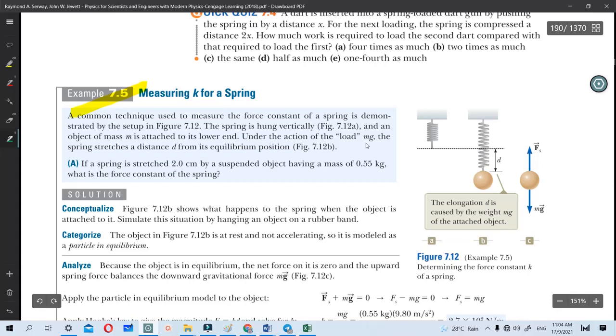Under the action of the load mg, the spring now stretches a distance d from its equilibrium. If the spring is stretched, okay, the d is now 2 cm by this object, which is 0.55 kilogram. What is the force constant?